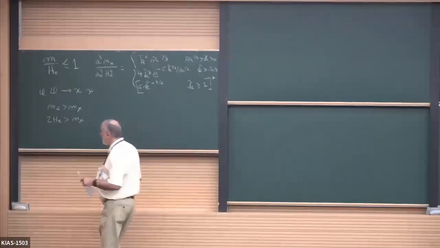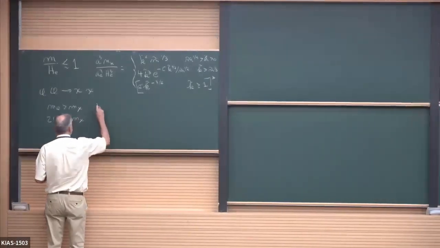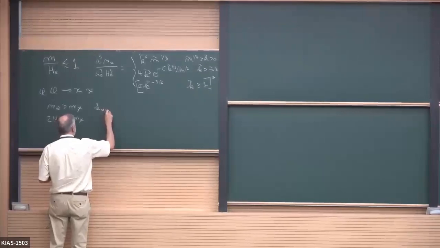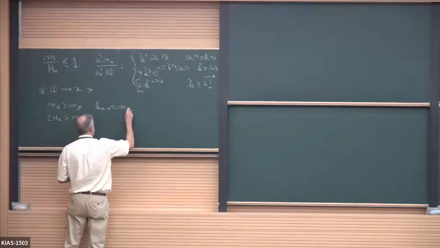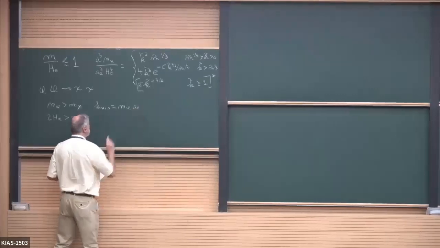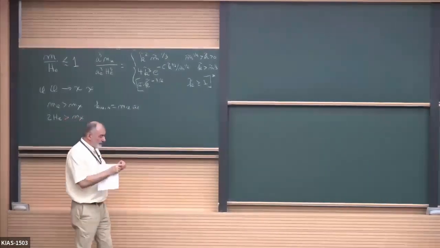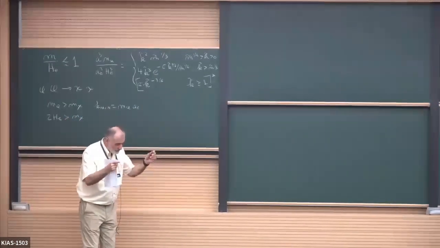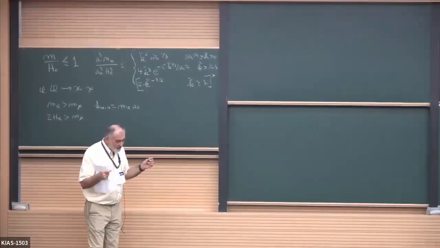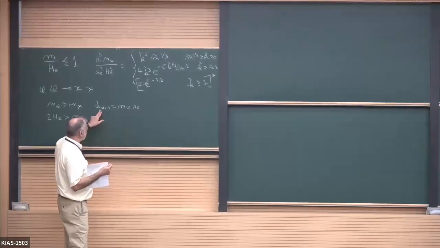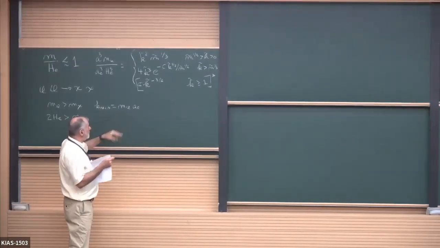Furthermore, there's a minimum value of k. We have 2 phi's at rest that are annihilating to 2 chi's. The phi's at rest, the momentum of the chi is going to be k over a.